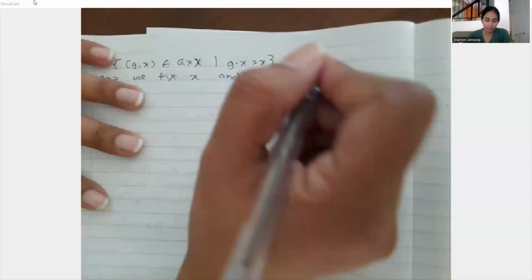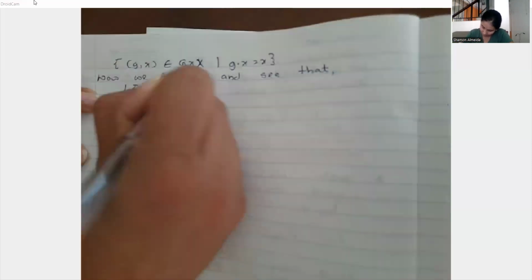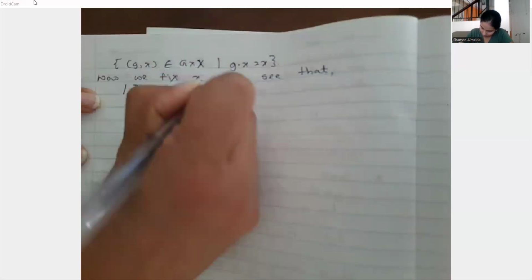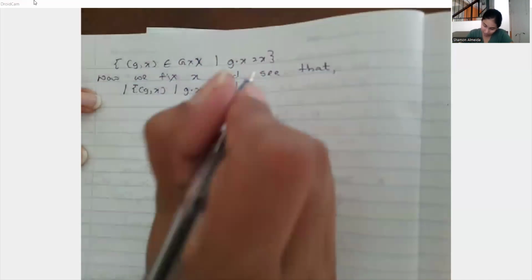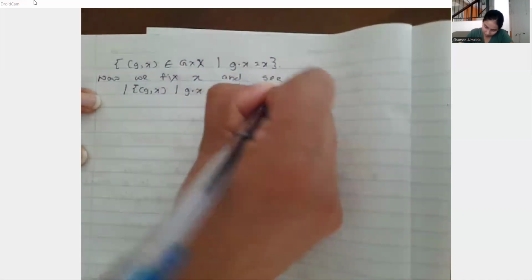Now we fix x and see that the number of elements in the set when x is fixed is the same as the number of elements in the stabilizer of x.